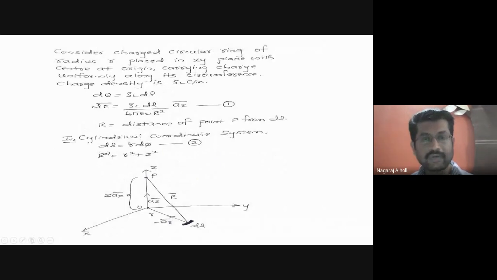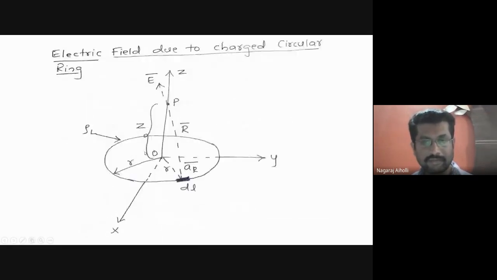In the cylindrical coordinate system, dl is given by, as we have come across when studying the different coordinate systems: if r is the radius and its angle is phi, a small angle d phi, then the arc length will be the radius multiplied by the angle subtended.